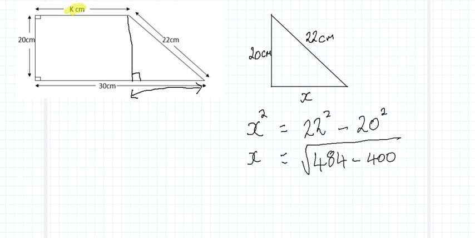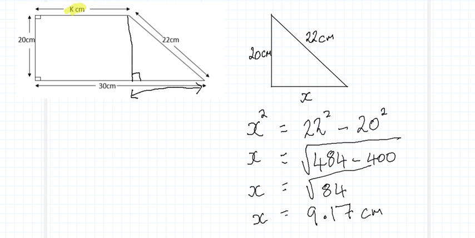So when we go into our next line of working, we end up with the square root of 84, which, if we work that out on our calculator to 2 decimal places, equals 9.17 centimeters. So what that's telling us is that the length of the base of the triangle is 9.17 centimeters.